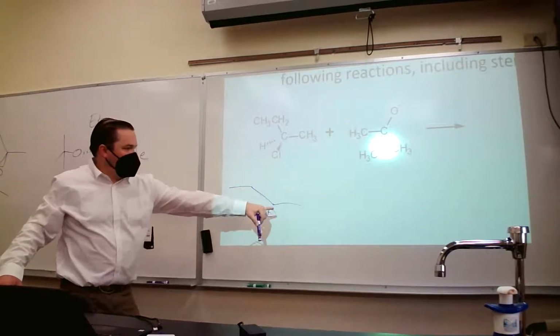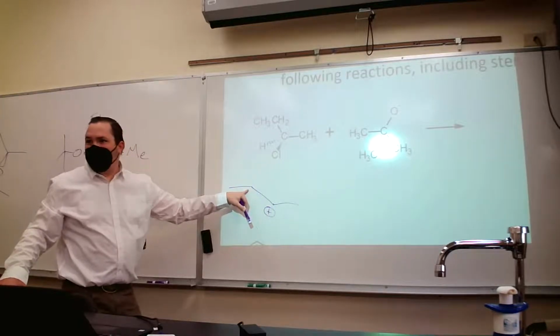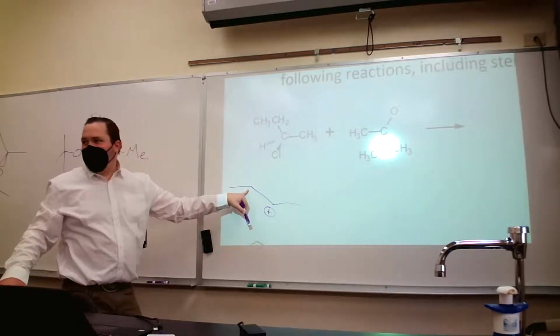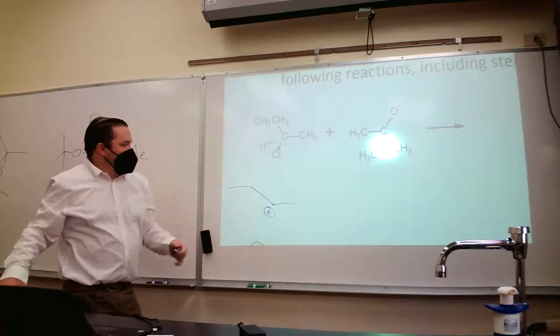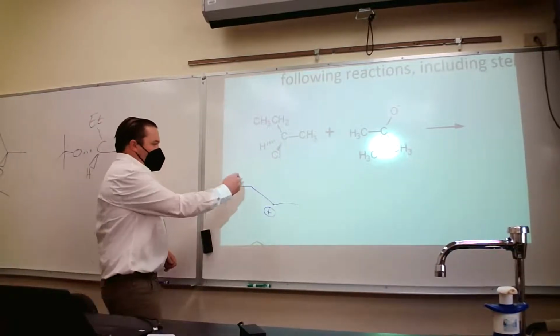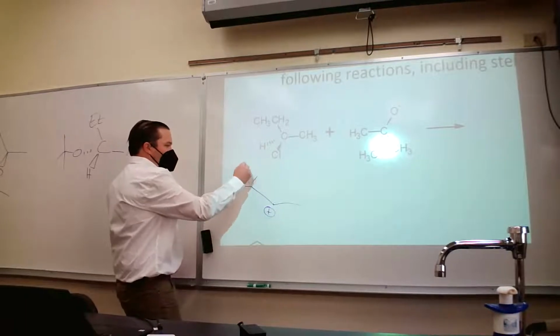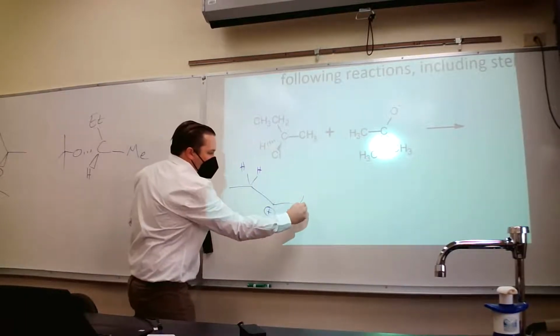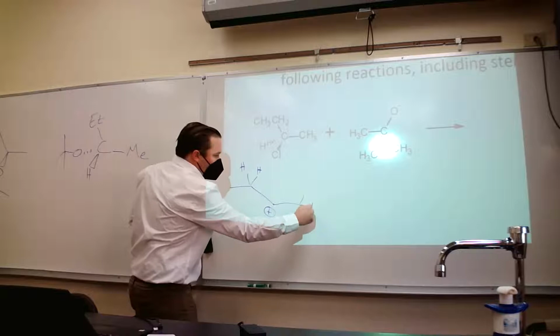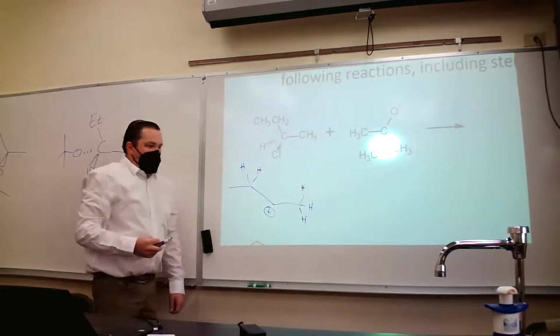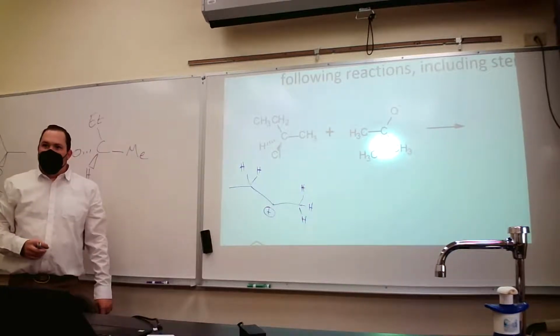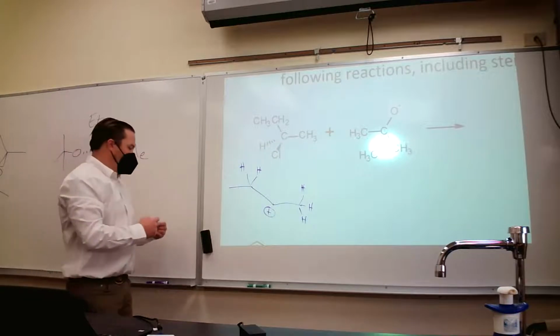Which adjacent carbons, which alpha carbons, have hydrogens that could be removed? There's 2 hydrogens here, 3 hydrogens here, so we could get products with the alkene going both directions.